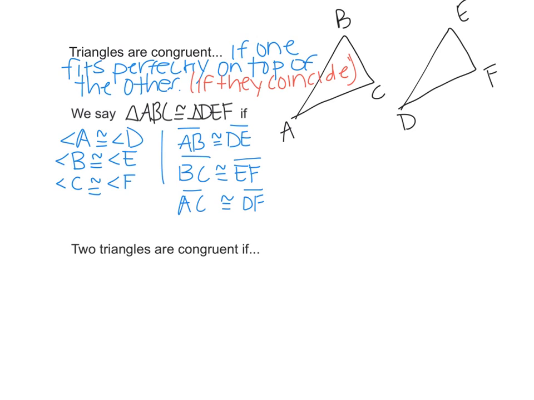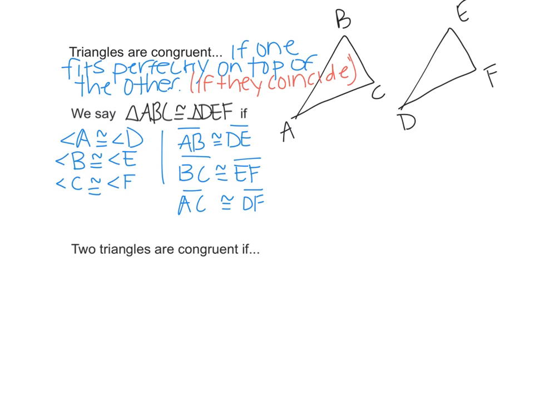So again, it's very important how we write it because AB has a relationship to DE, BC has a relationship to EF, and then AC has a relationship to DF. So these 6 things are very, very important. Writing this statement tells us all 6 of these things.